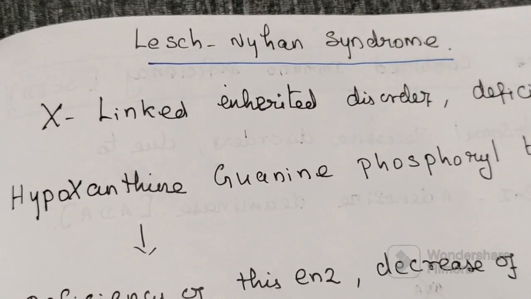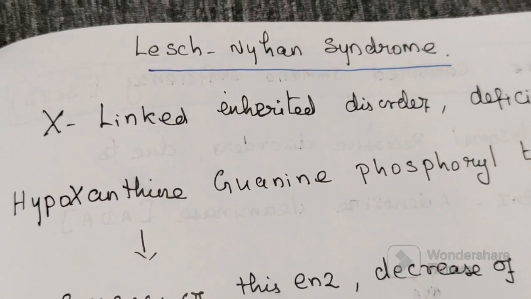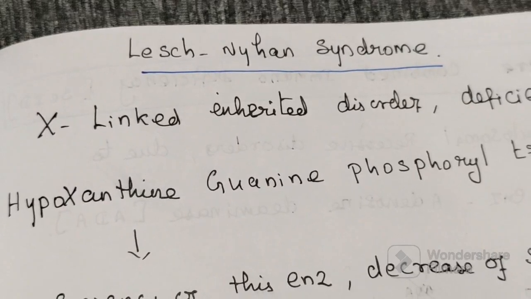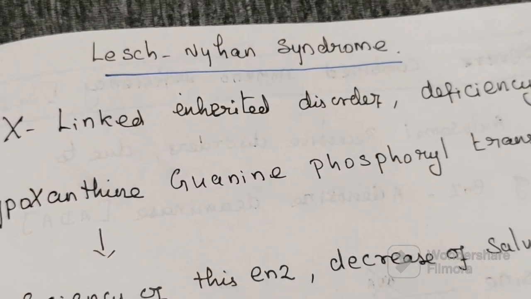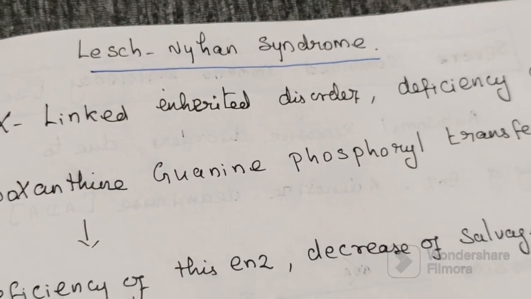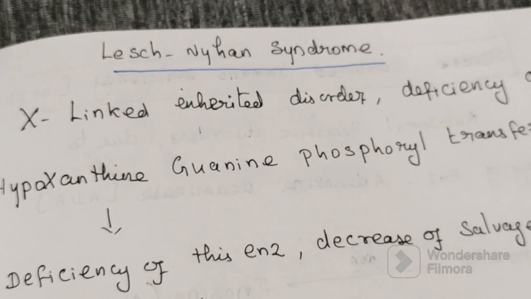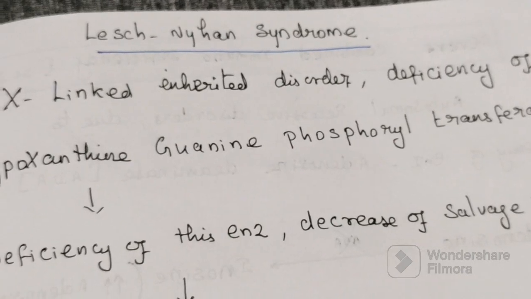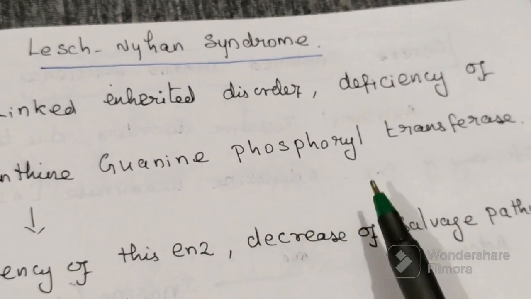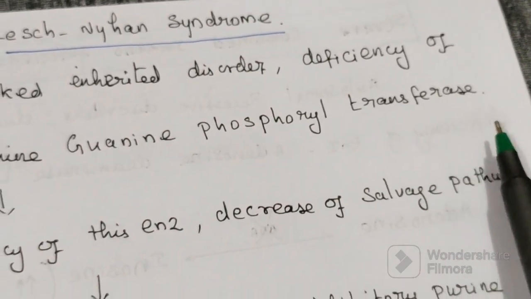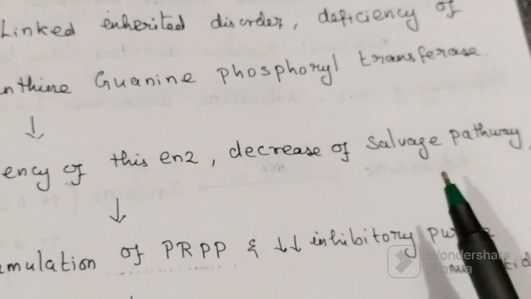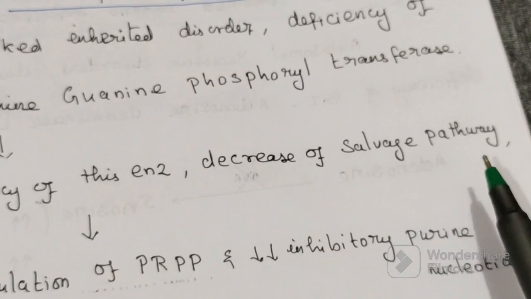Next disorder is Lesch-Nyhan syndrome. It is an X-linked inherited disorder. Here there is deficiency of the enzyme hypoxanthine guanine phosphoribosyl transferase. With deficiency of this enzyme, there is decreased salvage pathway.